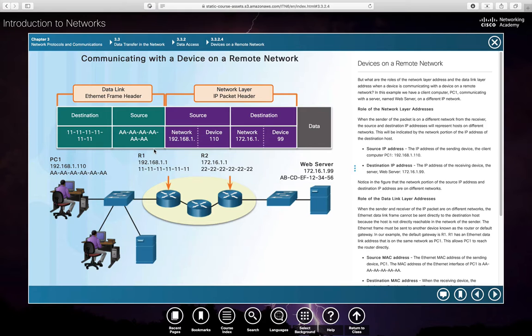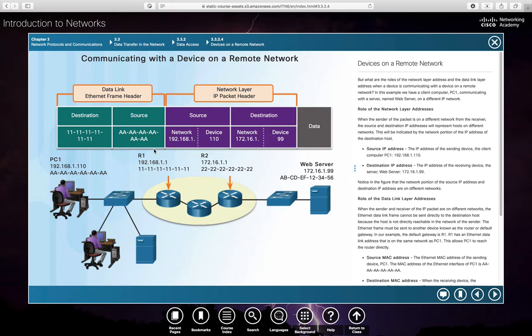In this case, if you look at the source and destination IP addresses, notice that the network numbers are different. So that means that these hosts are not on the same network. And if that happens, what you do is you send the packet to something sometimes called the default gateway, default router, or gateway of last resort.